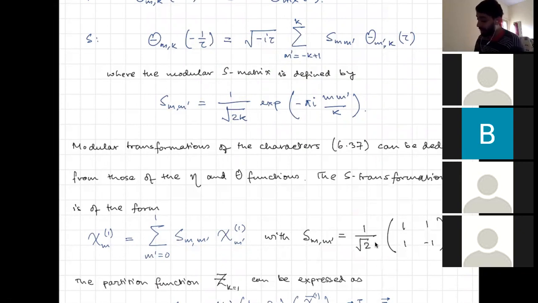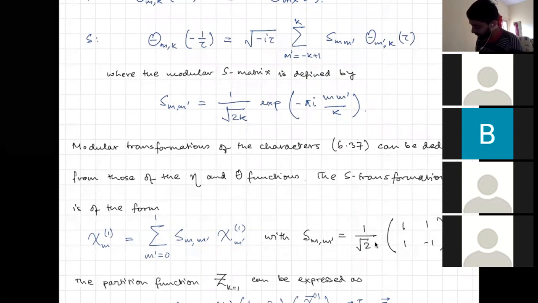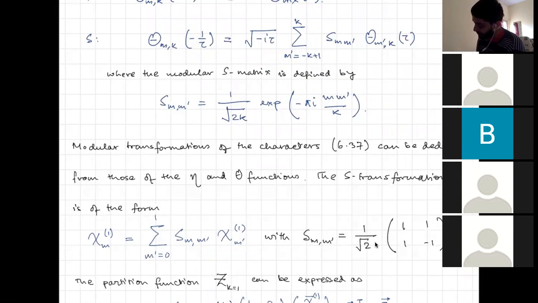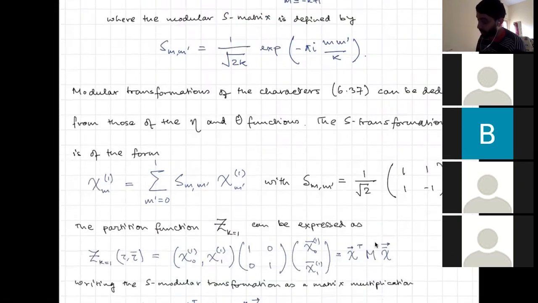Again, you can check this. You can plug things back in here. You'll also know how these eta functions transform. So that leaves you, in a sense, with the square root of i tau just dropping off, and you're going to be left with just this particular S_MM matrix. So you can write down the k equal to one stuff as these particular chi naught, chi one, times some matrix.